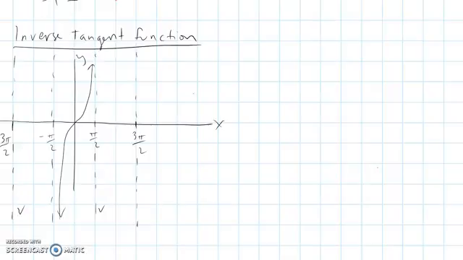So I'm going to erase those two, and it turns out that the inverse tangent function is going to be defined where tangent is where the angles are between -pi/2 and pi/2. So we'll say y, but not equaling, because there is no tangent for pi/2 or -pi/2.